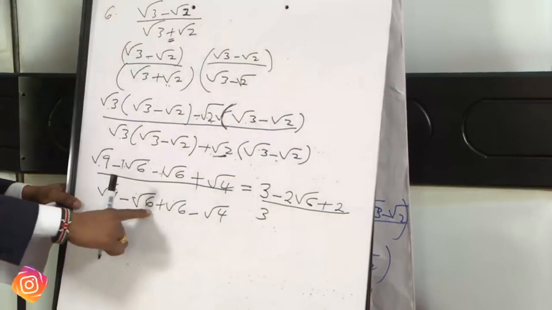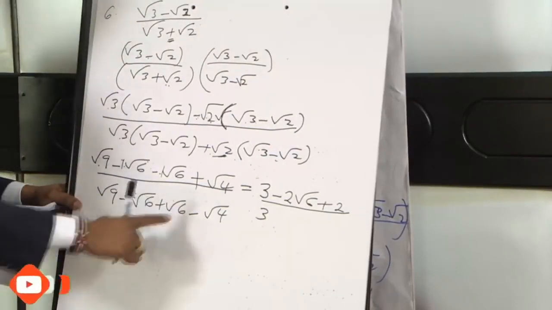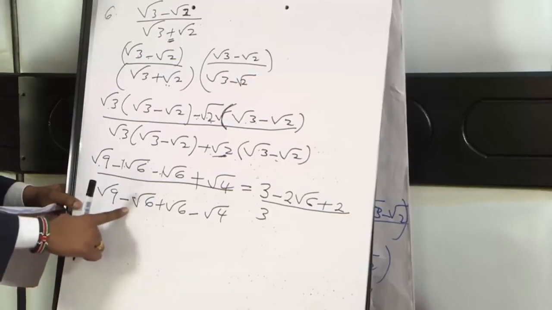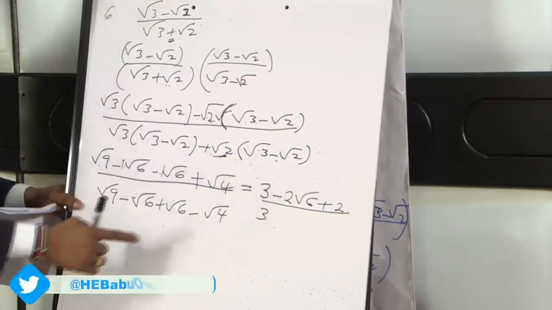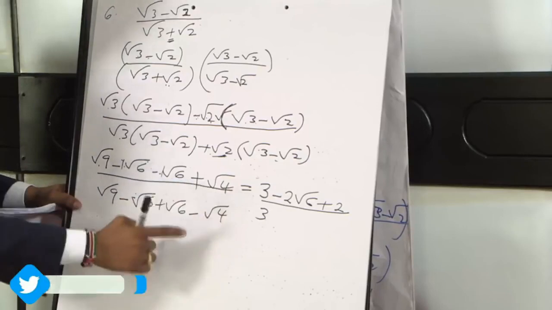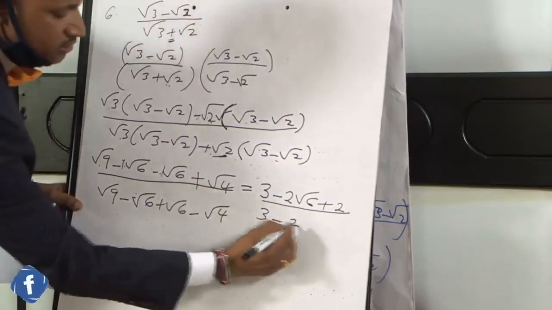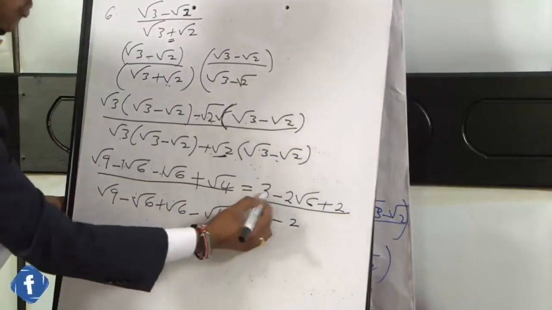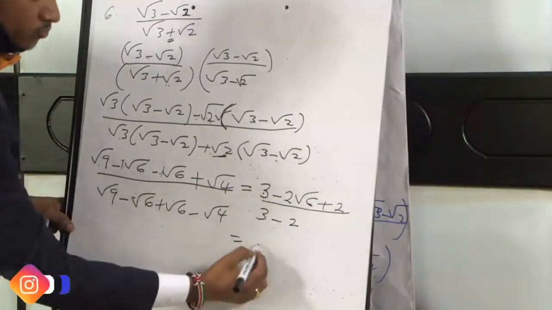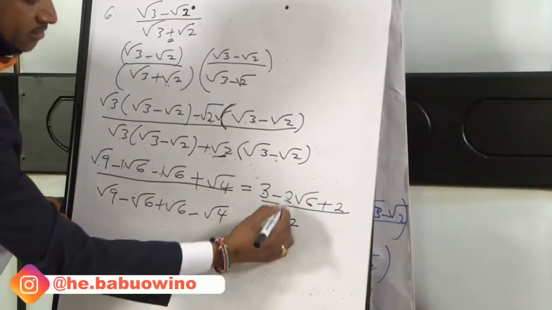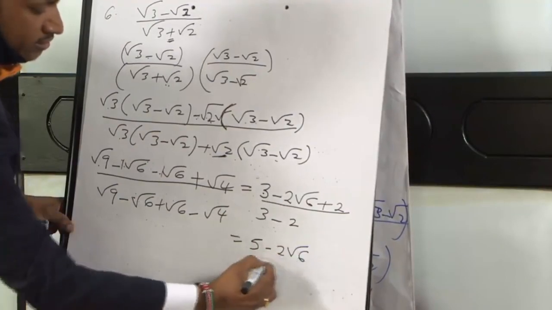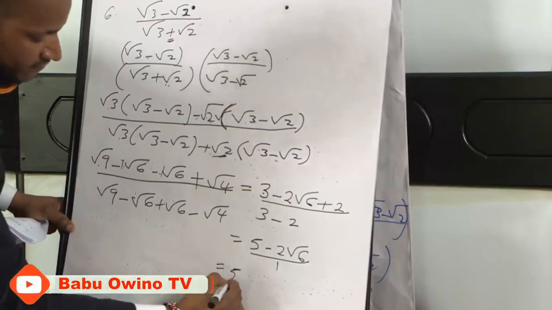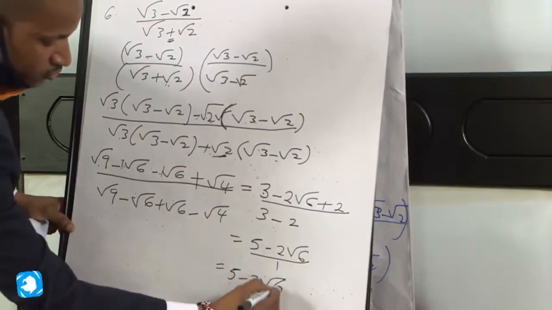Then minus root 6 plus root 6 is 0, so we don't write it. Then minus root 4, which is minus 2. So from here we have 3 plus 2, you get 5 minus 2 root 6, divided by 3 minus 2, which is 1. So we have 5 minus 2 root 6.